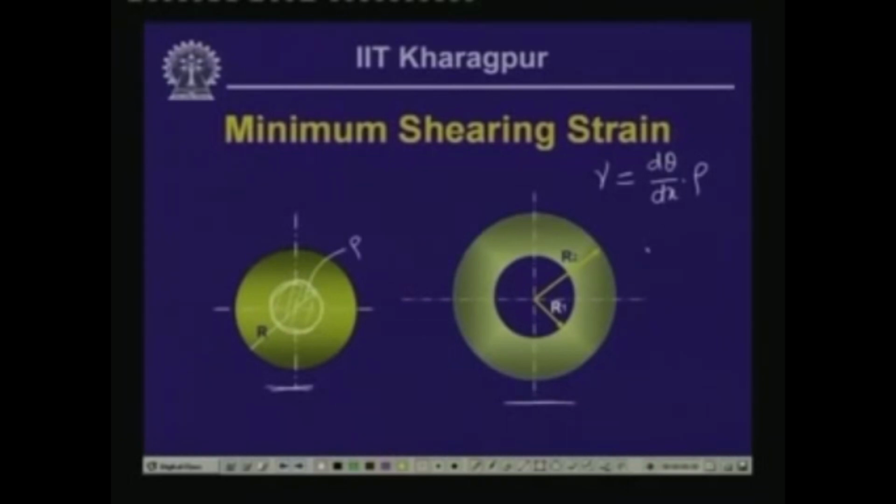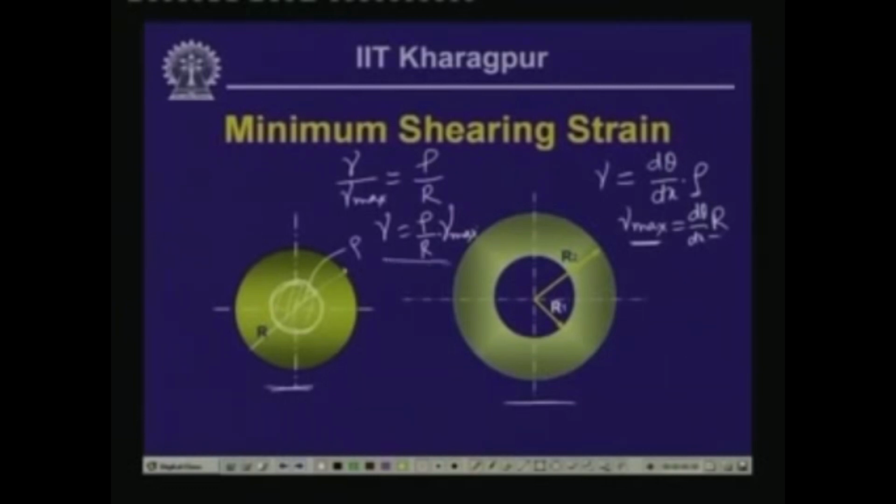This shearing strain becomes maximum at the outer periphery, which is equal to r. So, gamma max is equal to d theta by dx times r, when rho becomes r. So, we can write gamma by gamma max is equal to rho by r, or gamma is equal to rho by r times gamma max.